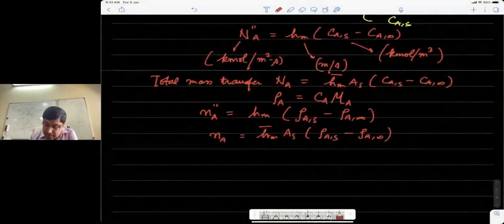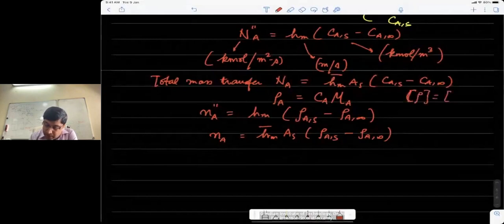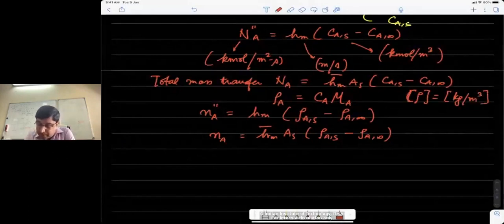So you will see this quite often. Again, let me remind you, rho has units of kilogram per meter cube, and C, which is concentration, will have units of kilomole per meter cube, not mole per meter cube. We are working with SI units, and SI units typically take kilomole.